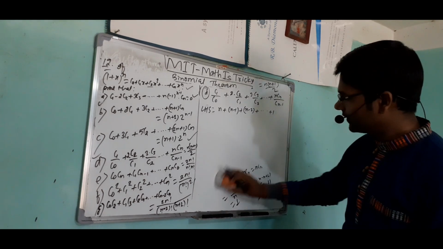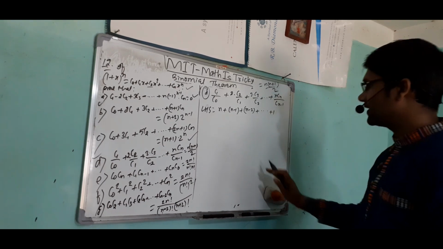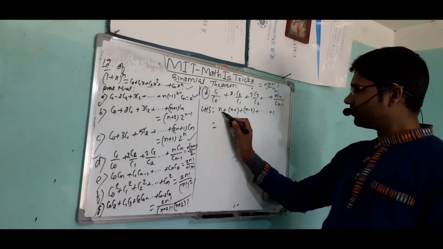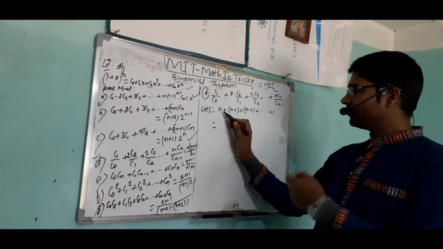So actually what is happening here? If you arrange the terms, from n we are decreasing by 1 and coming to 1.